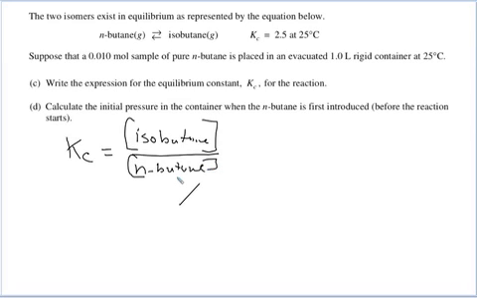Now letter D says calculate the initial pressure in the container when the N-butane is first introduced before the reaction starts.